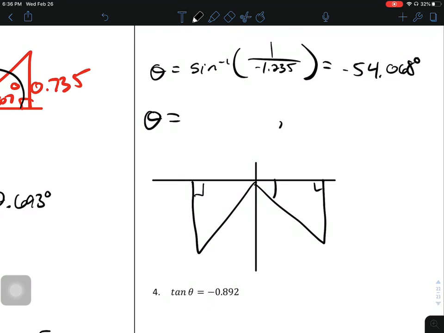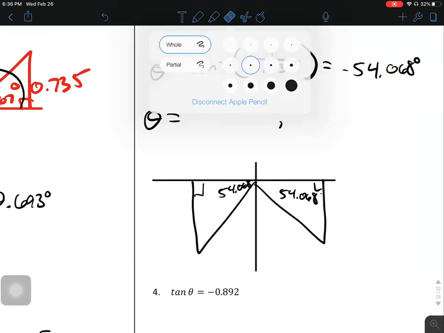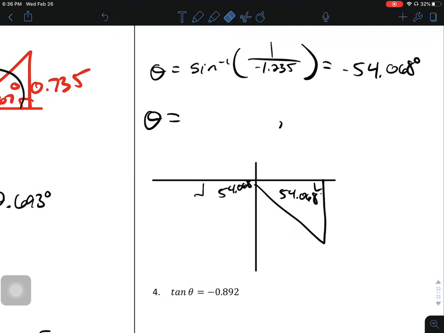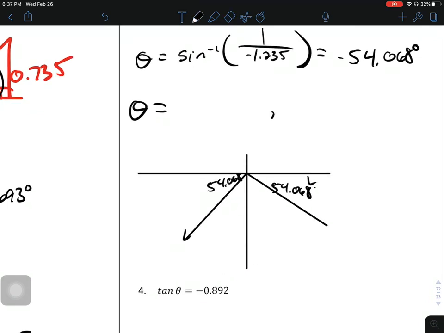but that tells us that this angle right here, the reference angle, is 54.068. This one's also 54.068. So we don't have to actually make these into triangles. If it's easier to show, we can just put the terminal side, whatever works best for your brain.